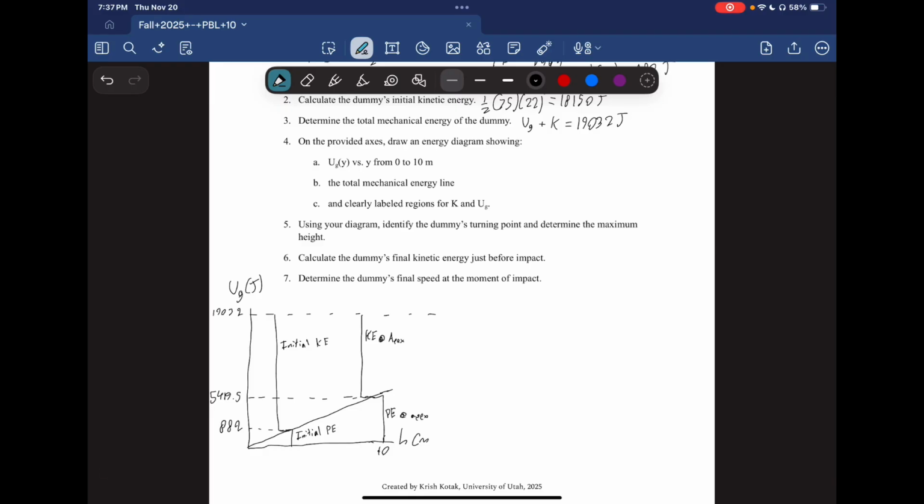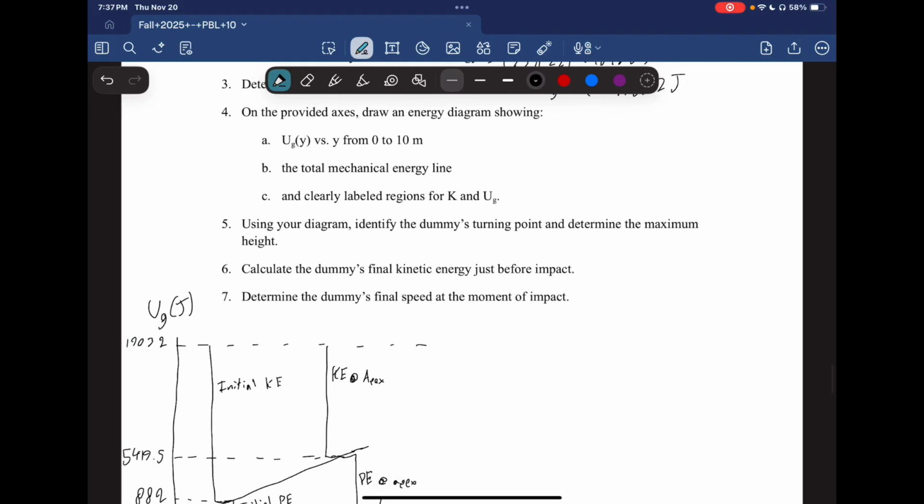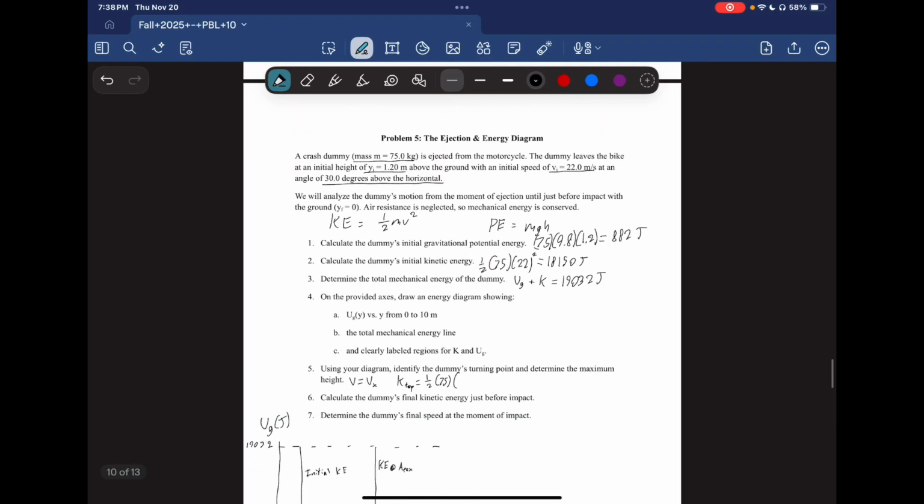Using the diagram, identify the dummy's turning point and determine the maximum height. So we know that at the apex of any arc, our velocity is going to be purely in the x direction. So we can say that our kinetic energy at the top is equal to 1/2 times 75 times the velocity in the x direction.